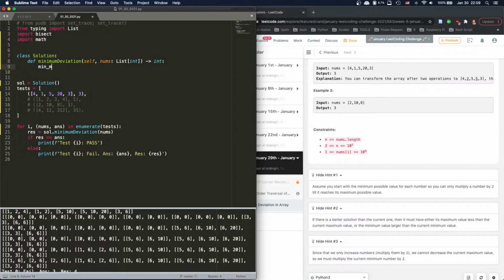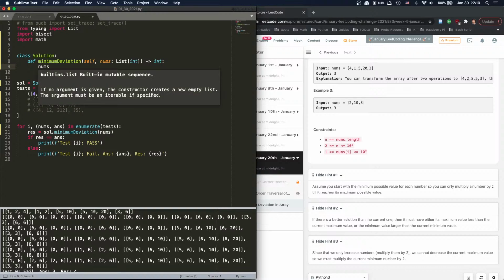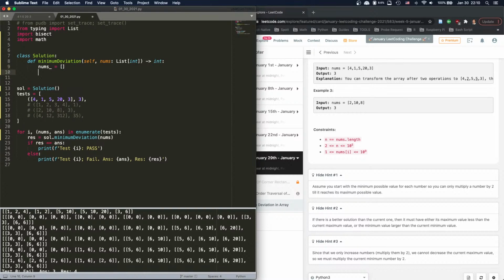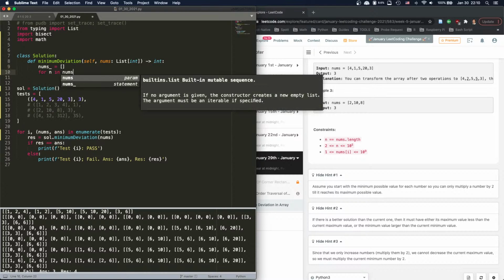So minimum, I can call it minimum. Numbers_in_a_score equals n minimum.